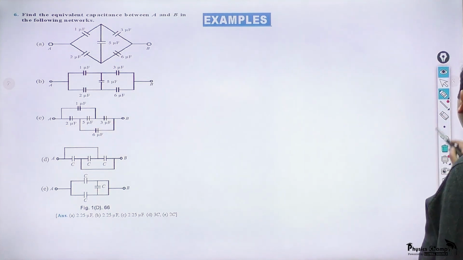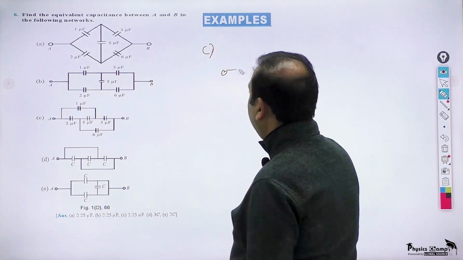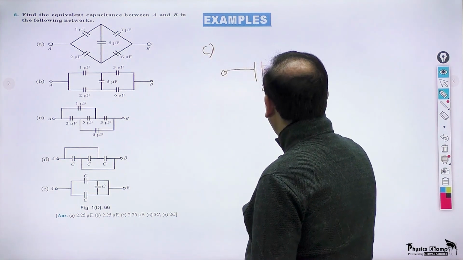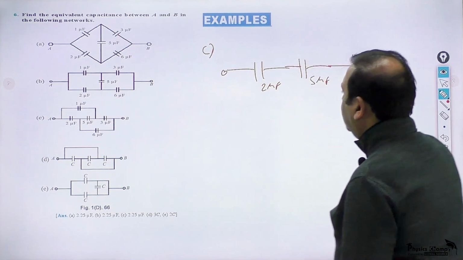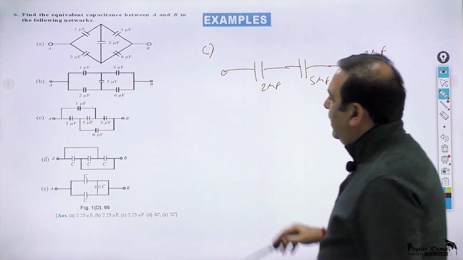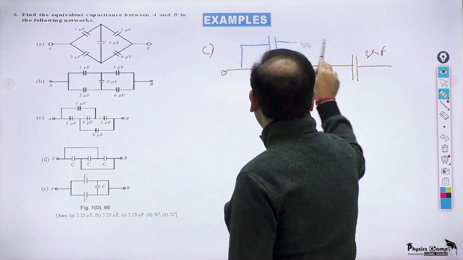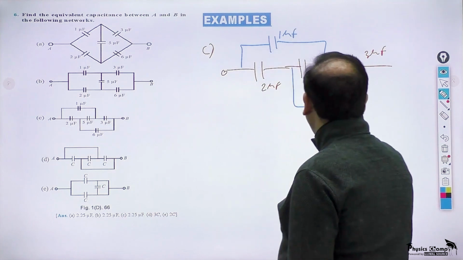Let's take case C here. In case C, this is 2 microfarad, this is 5 microfarad, this is 3 microfarad. And here across you have 1 microfarad and here across you have 6 microfarad.